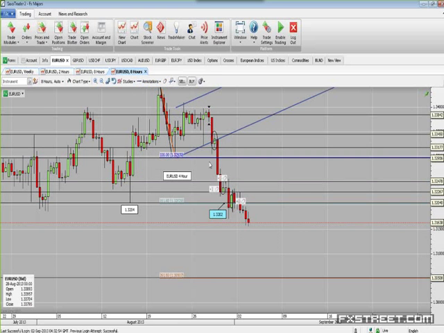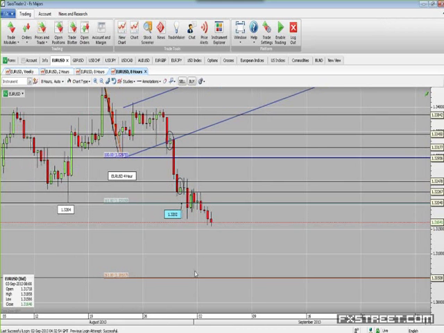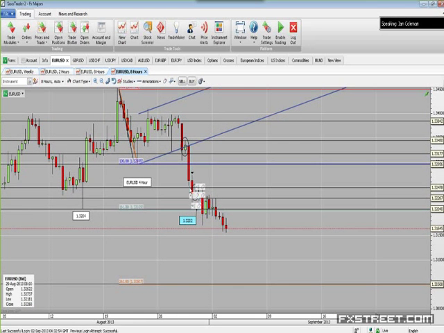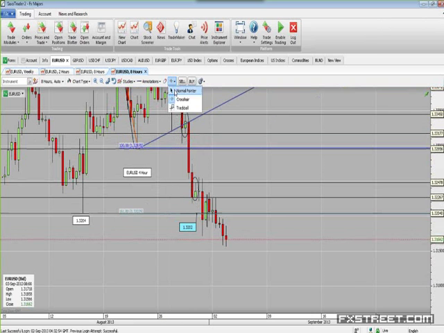Okay, and then what we can note is that when we get these inside bars, these indecisions, a lot of the time the top of the inside bar will act as resistance. I'm going to use a pointer tool actually. It acts as resistance, and obviously the bottom of it acts as support.